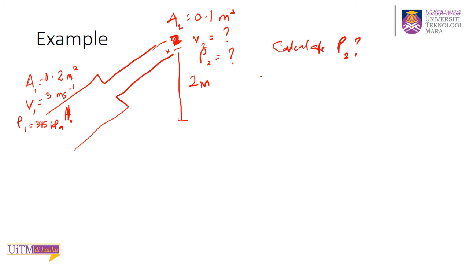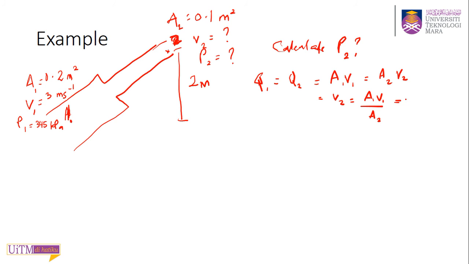Yes, so that's the continuity equation, Q1 is equal to Q2, and this is equal to A1 V1 equal to A2 V2. So this is very straightforward. They don't ask you to find V2, but you need this V2 when you want to find the P2. So your V2 is equal to A1 V1 over A2.